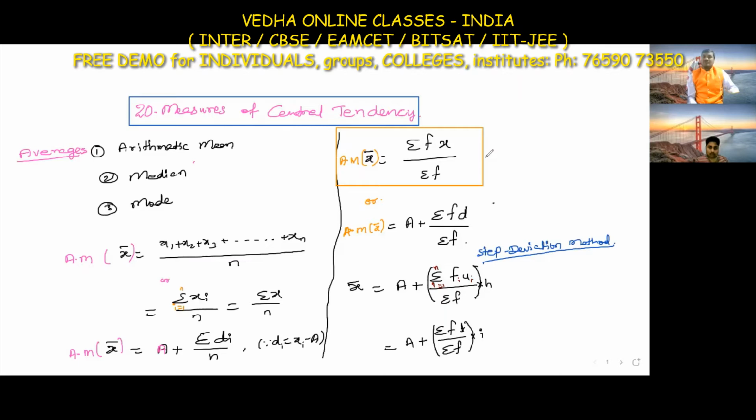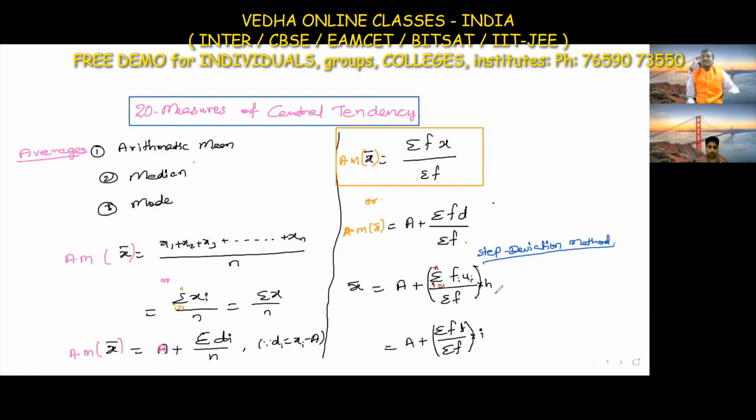We can use the first formula also, or otherwise the simplification is easy when we use the step deviation method. According to the step deviation method, arithmetic mean x bar is equal to a plus summation of fi ui, i from 1 to n, divided by sigma f, into h.